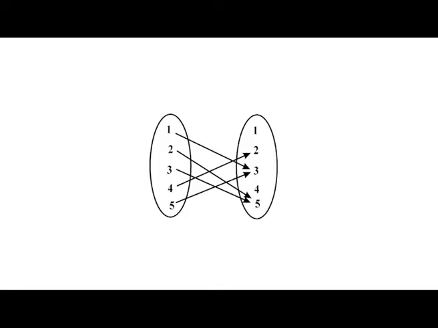Since the graph of f consists of all ordered pairs (a, f of a) where a belongs to A, for the function given by the arrow diagram in figure 10, graph of f equal to the set of all ordered pairs (1, 3), (2, 5), (3, 5), (4, 2) and (5, 3).